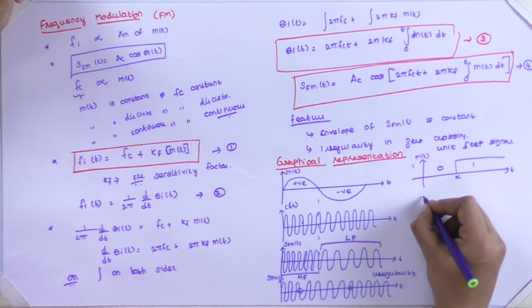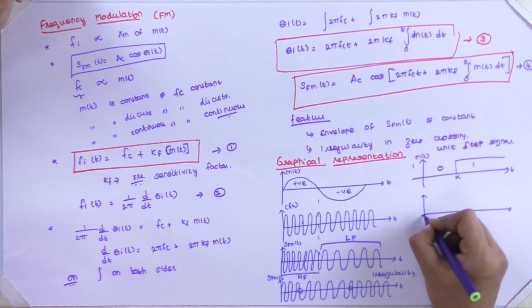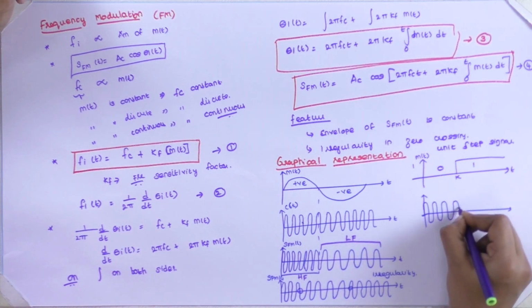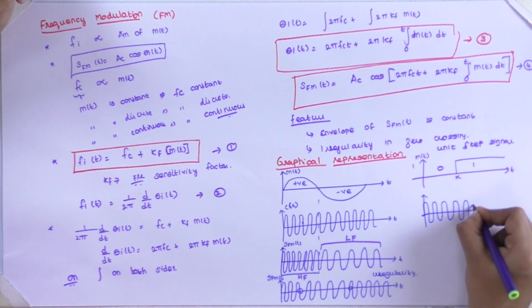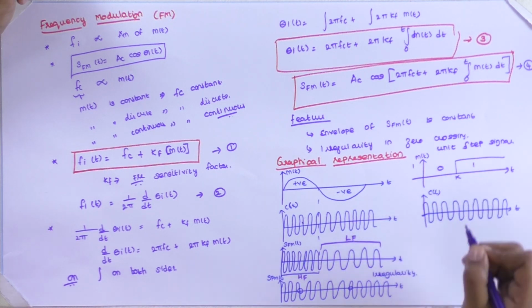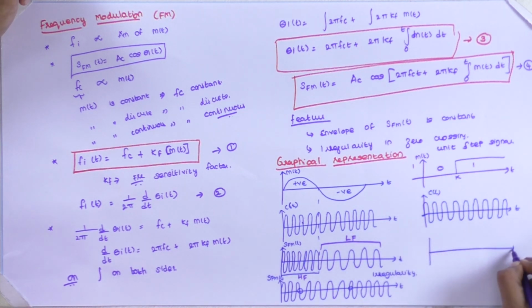When we use a continuous carrier signal C of t, now we can clearly visualize in which places we are getting the phase and frequency change.